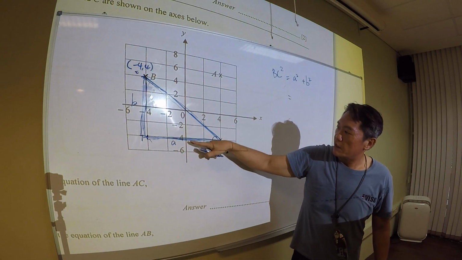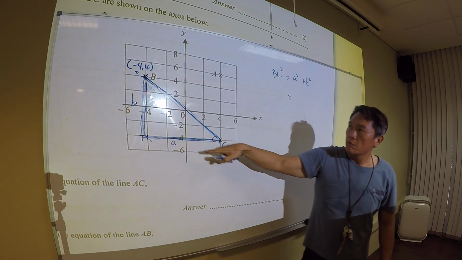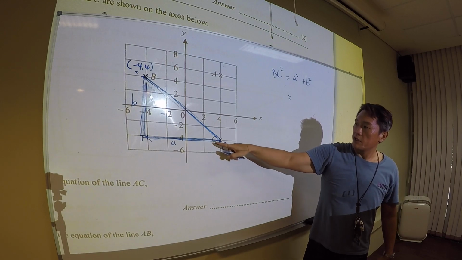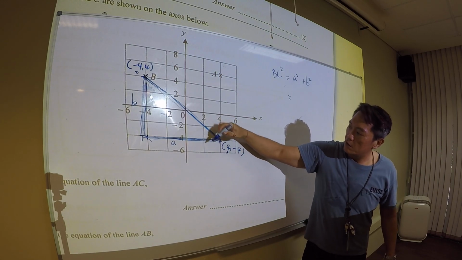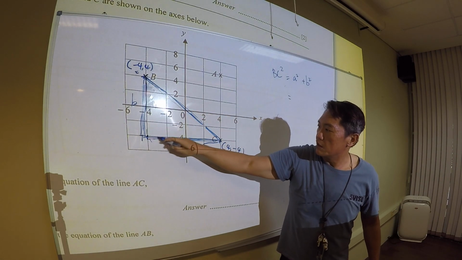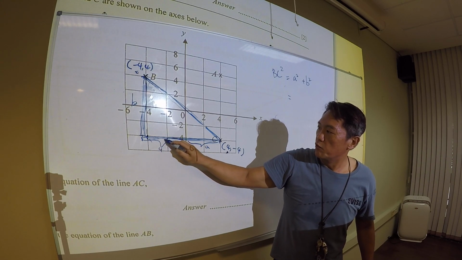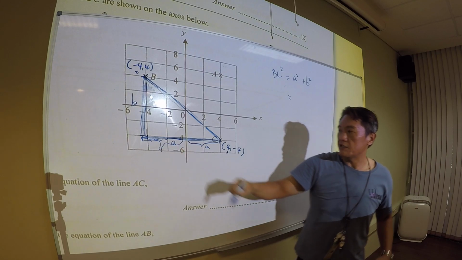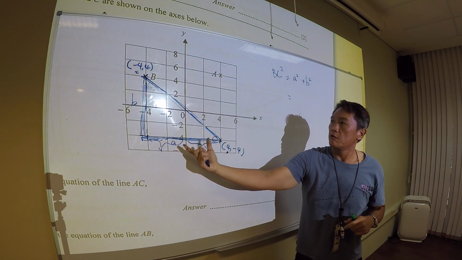B is negative 4, so it's also 4 units to the left. We don't care how high or how low, but C is 4 here. Then B is negative 4, so this side is also 4. So actually this whole distance is 8.